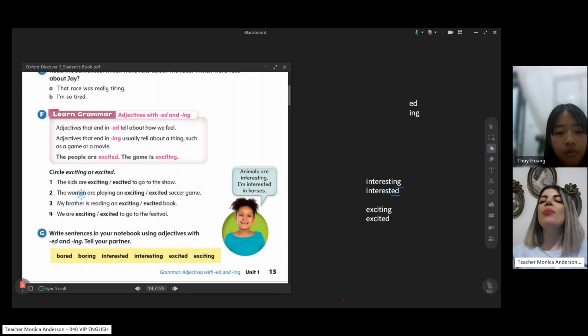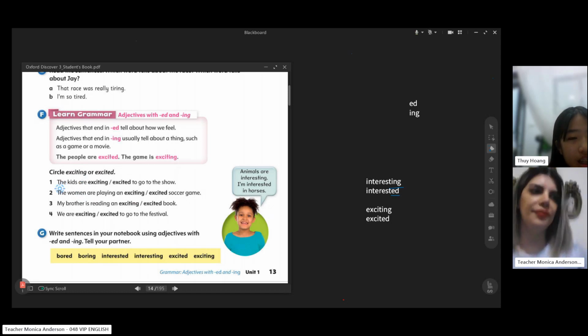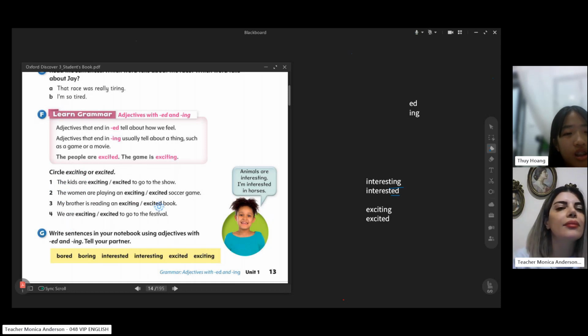Well, now look at these examples and let's circle exciting or excited. Which one is correct? Number 1, would you read it, please? The kids are excited to go to the show. Again, the kids, we are talking about people. The kids are excited to go to the show.